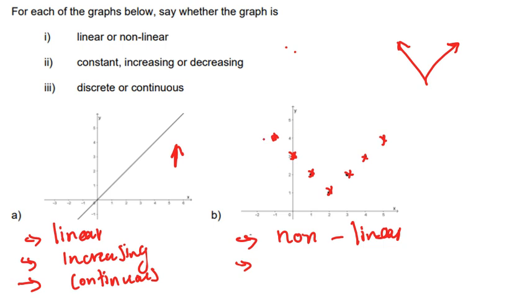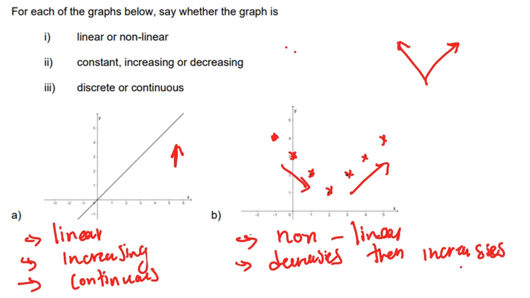As you move from left to right, it first goes down, then it starts to increase. So what you can say is your graph decreases, then increases.